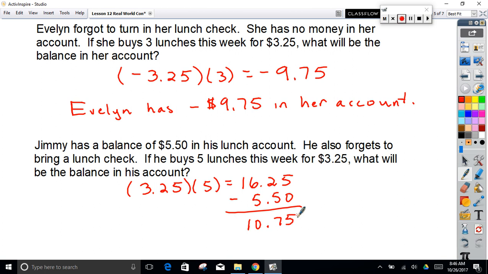Okay, so what should have been negative somewhere along the line to result in a negative answer? $3.25. Yeah, this should have been a negative because it's taking money out of his account, resulting in a negative answer here. So then when we do negative 16.25 plus 5.50, the end result is negative 10.75.